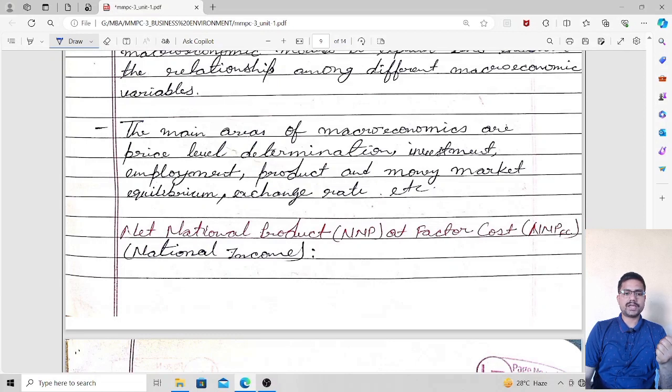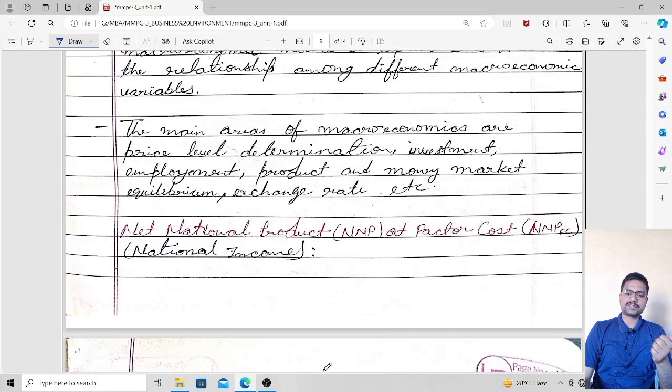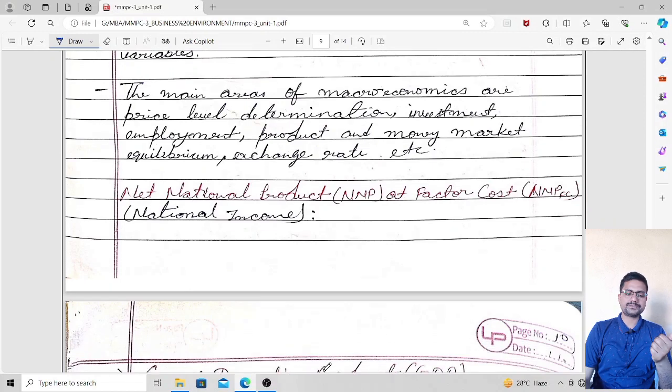For understanding macroeconomics, the first point given is net national product, NNP, net national product at factor cost, which is also known as national income at factor cost.